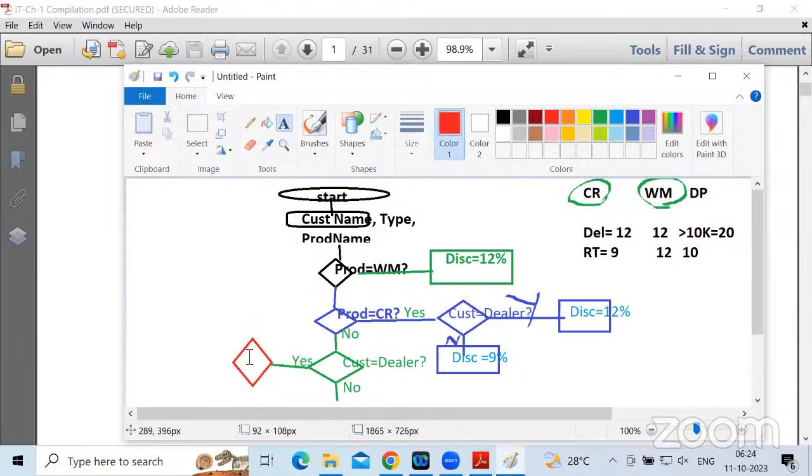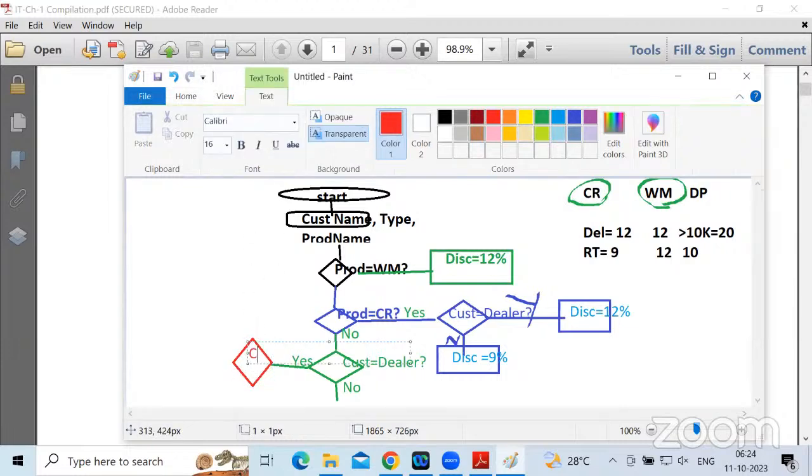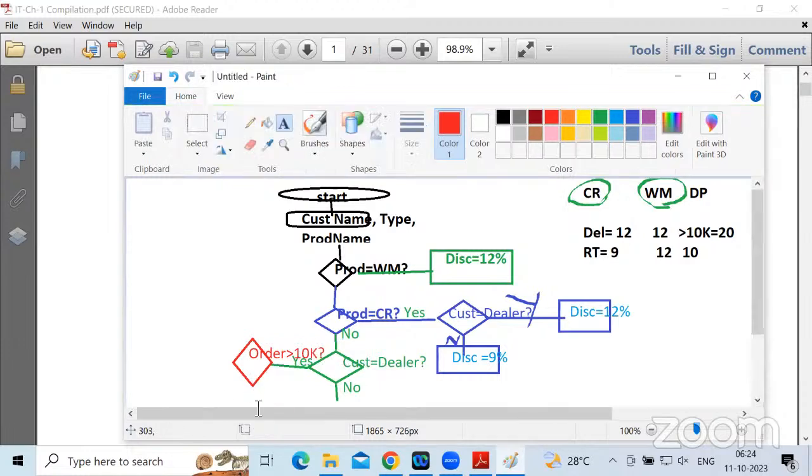Whether the order amount is more than 10,000 rupees. So there could be two answers. One is yes, other one is no.